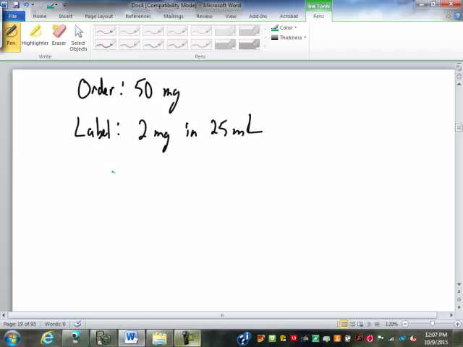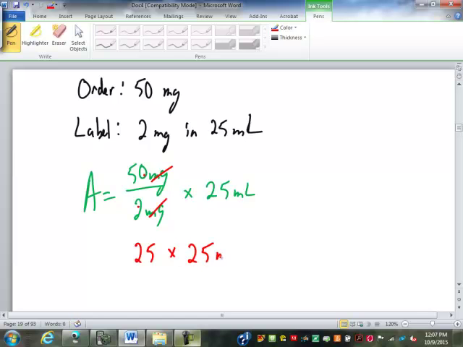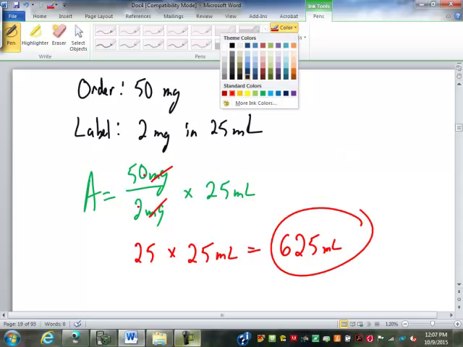So, in our formula, on top, 50 milligrams, bottom, 2 times 25 milliliters. Good. Milligrams divide out. 50 divided by 2 is 25 times 25 milliliters is 625 milliliters to administer. Very good.